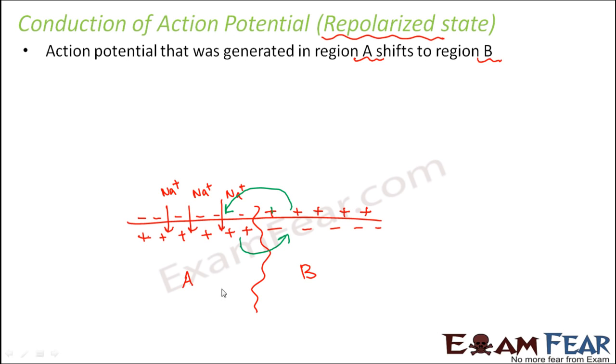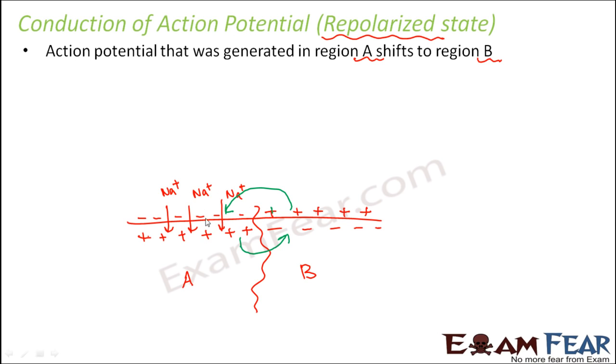That is why it is said to be the repolarized state, because the first step was the resting state where it was polarized. The next step was the generation of action potential where the polarity got reversed, so that was the depolarized. And now the polarity again gets reversed and that is why it is repolarized. So first it is polarized, then depolarized and then repolarized.